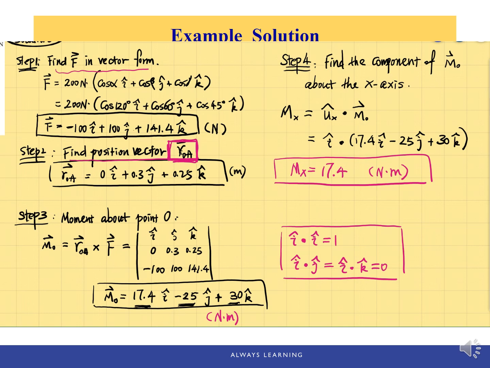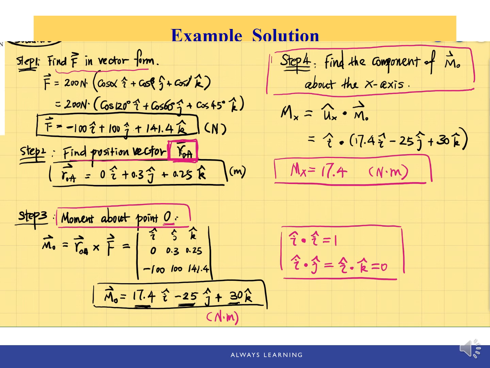Then we can perform the cross product to find the moment about this point O, which is located on the axis. And step 4 is to find the component of this moment about the x-axis.